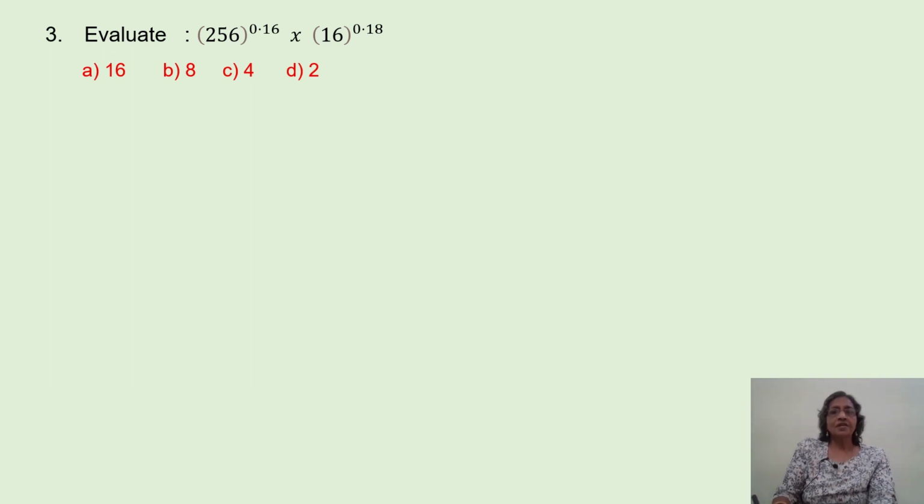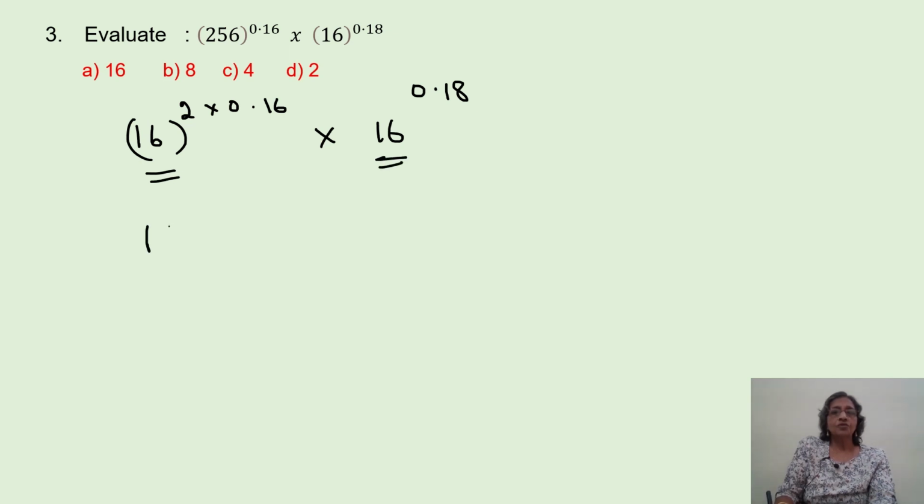256 can be converted to the power of 16. It is nothing but 16 square into 16 raised to 0.16 into 16 raised to 0.18. Now I have the bases as the same and a multiplication, so I can use the law. This would be 16 raised to 0.32 plus 0.18.